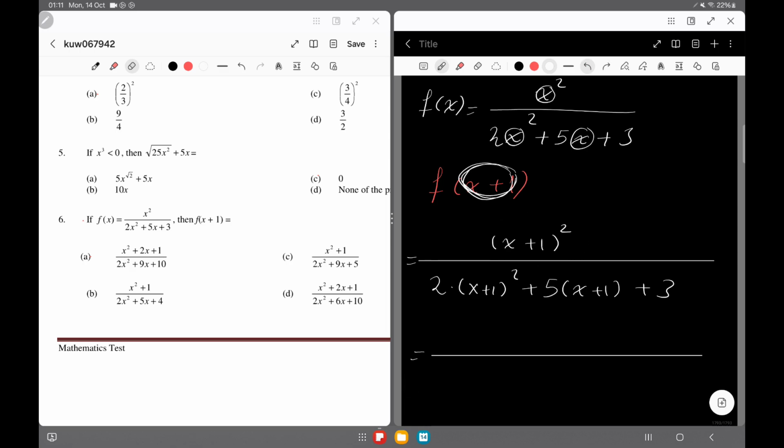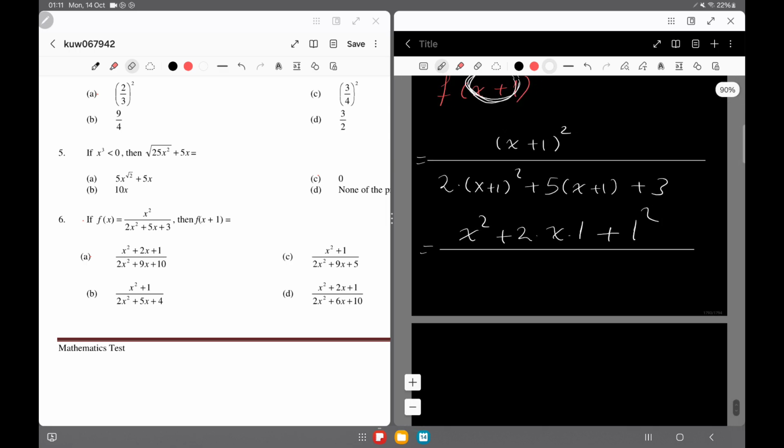It's a formula: square the first, plus 2 times the first times the second, plus square the second. It's a formula, you have to memorize it. Next, 2 times x squared plus 2 times x times 1 plus 1 squared, which is 1, plus 5 times x, 5x, 5 times 1, 5, plus 3.